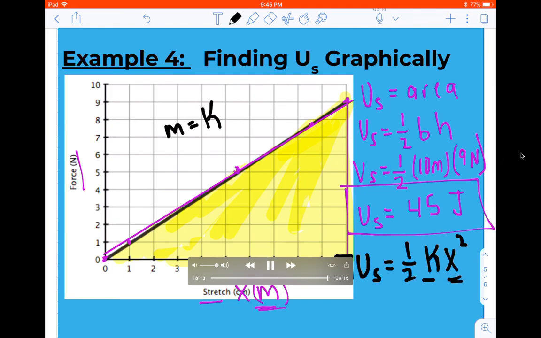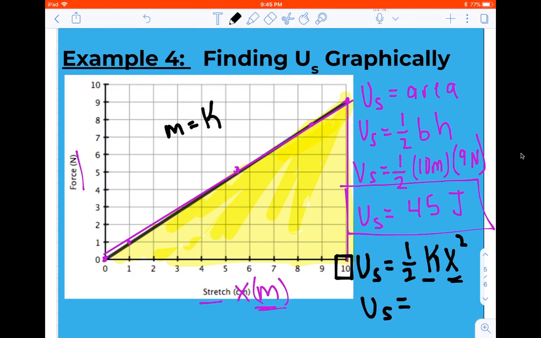Take the x value, square it to find U sub s, and we will get the same exact value, 45 joules, as long as the points that we choose are on the trend line.